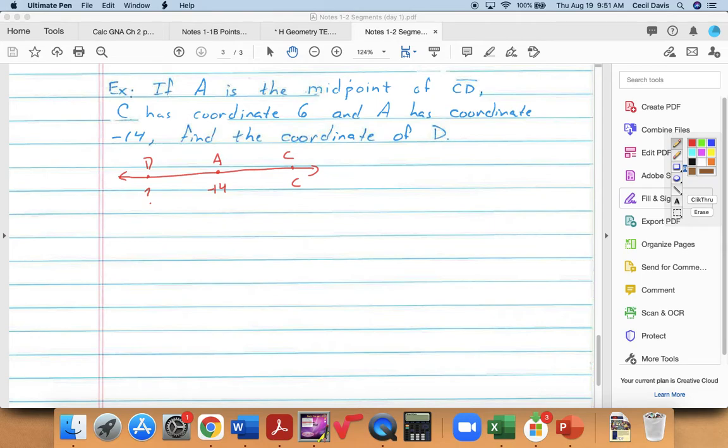There are several ways you can do this. I think the most straightforward way is to use the formula that we have for the midpoint and a little bit of algebra. So we know that the midpoint is equal to half of endpoint 1 plus endpoint 2.